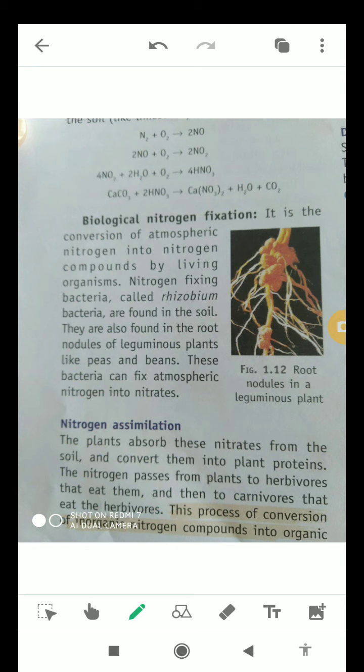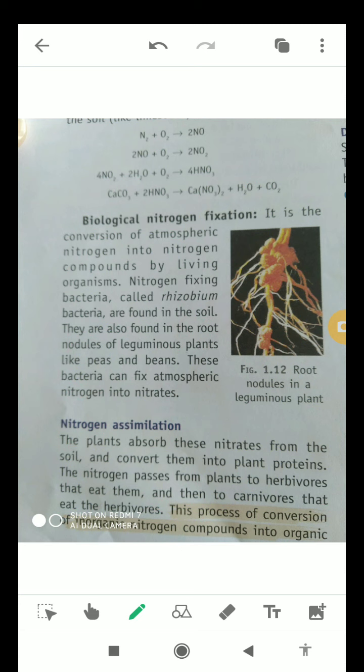Okay, students? And further, when the nitric acid reacts with calcium carbonate, they form calcium nitrate plus water and carbon dioxide gas. So this was the reaction about atmospheric nitrogen fixation.